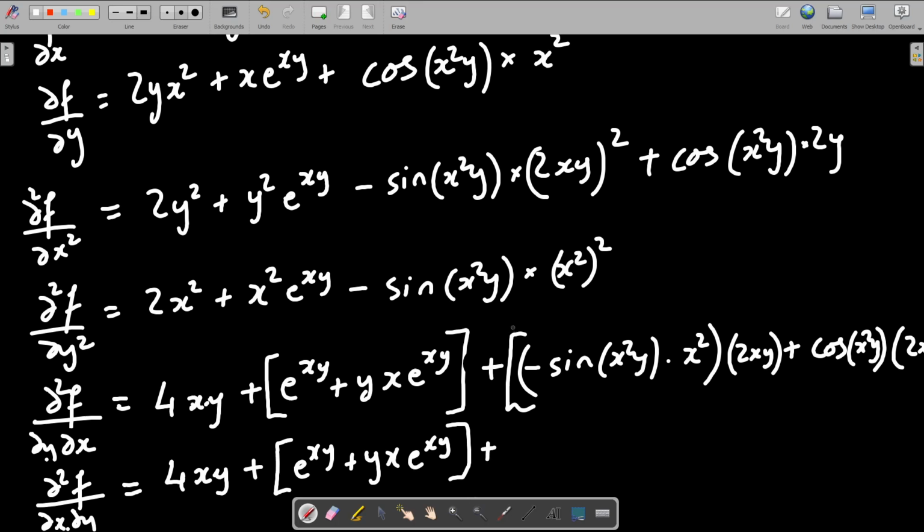Next we have cos of x²y. There are two x terms here also. So this is going to become minus sine of x²y, taking the derivative with respect to x, so it's going to become a 2x inside.